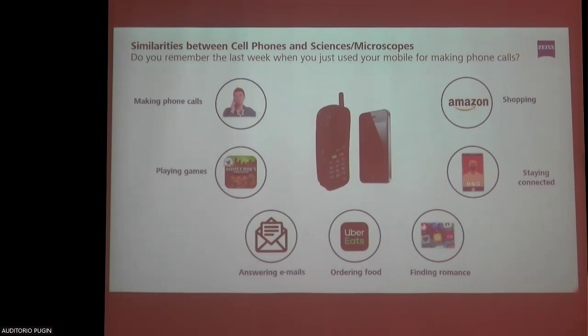And nowadays, as we all know, we use our smartphones not only to make phone calls, but to play games, to find new partners, do some shopping, order food, but also to work, answer emails, or use applications to do many things that hopefully fulfill our life.